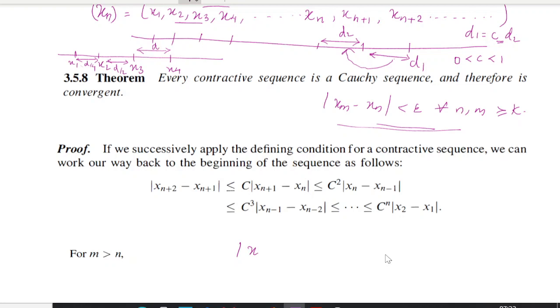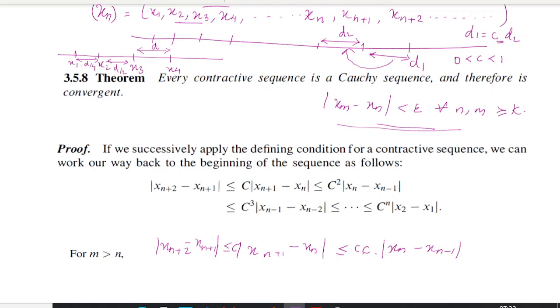Modulus of xn plus 2 minus xn plus 1 is less than or equal to c times modulus of xn plus 1 minus xn. Again applying this, modulus of xn plus 1 minus xn is less than or equal to c times modulus of xn minus xn minus 1. Therefore modulus of xn plus 2 minus xn plus 1 is less than or equal to c squared times modulus of xn minus xn minus 1.